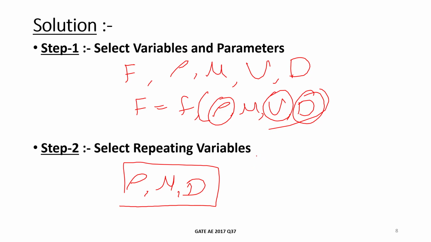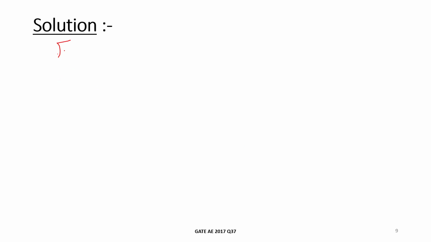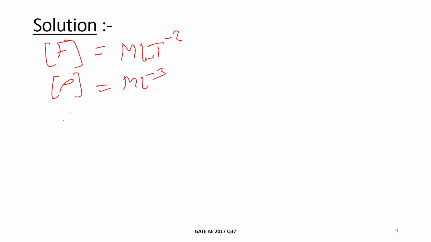First we will write the dimensions of all the variables. All the dimensions are written in brackets. So force has a dimension of M L T minus 2. Density has the dimension of M L minus 3.